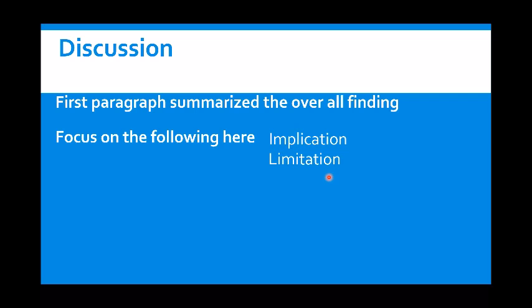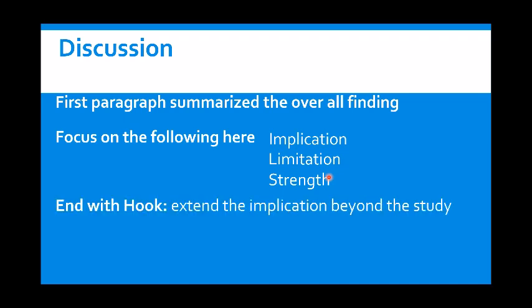If you have a bias, if you have a problem, what is the limitation of the study findings on your implementation of the study result in your practice? It tells you the strength of the article, and most researchers will concentrate on that. And usually the discussion will end in a hook. The hook can be an exaggeration of the article to bring attention, or it can tell some information to bridge between the current article, which is now known, and future articles, which are not yet known. So it's like suggesting a new study. Okay?